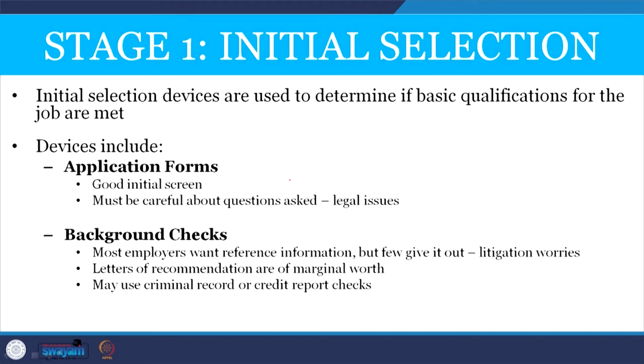In the application form, one must be very careful about the questions asked regarding legal issues, whether there is any legal issue associated with the candidate's credentials. That needs to be identified. Further, the background check is very important to know whether the candidate has any criminal association or any kind of forgery. So, a candidate's background check is mandatory.